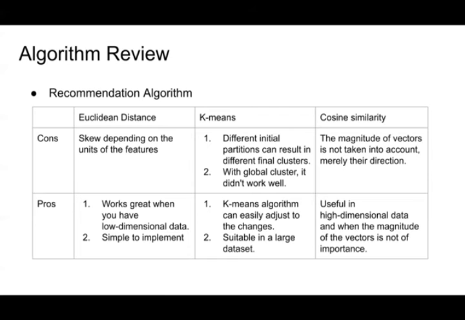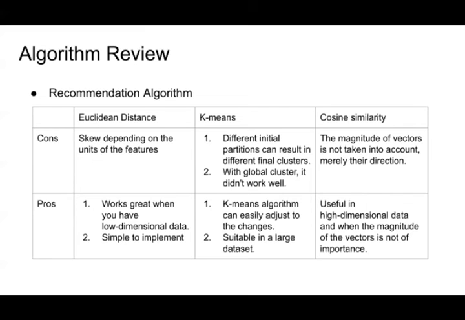So the actual algorithm we used was the k-means algorithm. It is easy to implement, and we can change the number of clusters to get the desired results, as we will discuss in the next section on model evaluation.